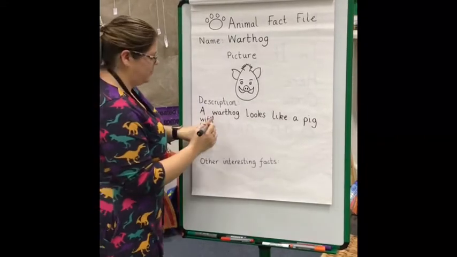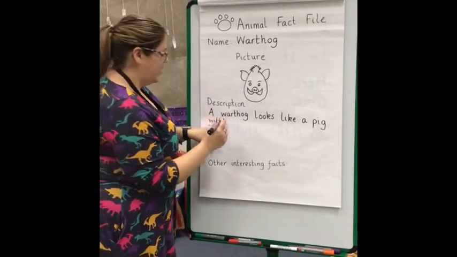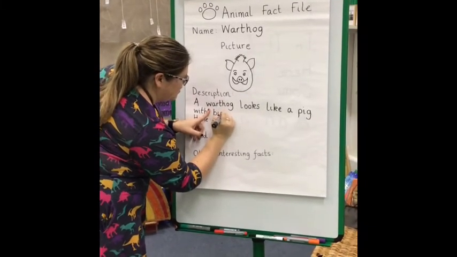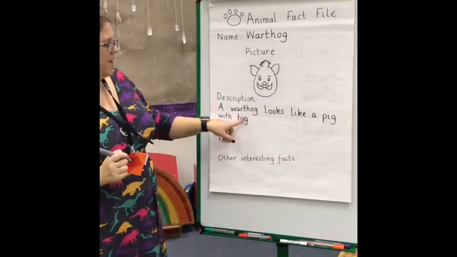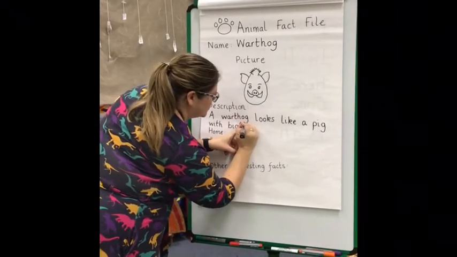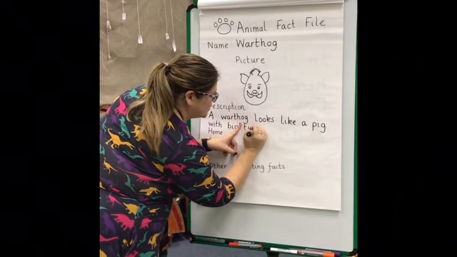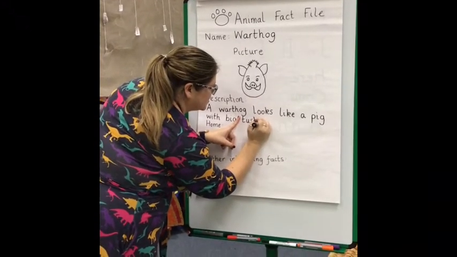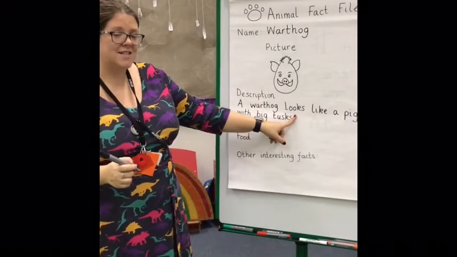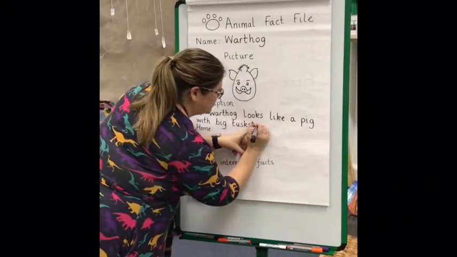You can help me with that one. What can we hear? That's right. With big tusks. Tusks. And then my next word, a nice easy one that we all know how to read and write.